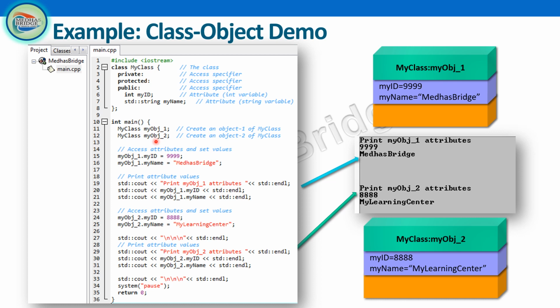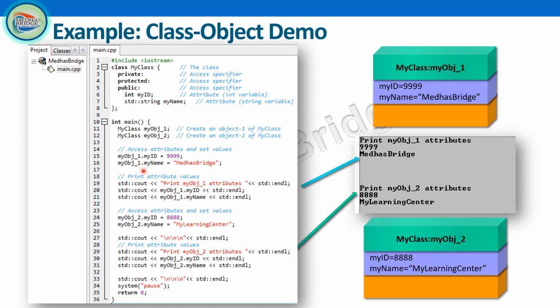We have 2 objects here, object 1 and object 2. This is the time when memory is allocated to that object. Object 1 has a memory, object 2 has a memory, isn't it? At this stage, we have not initialized the state of the object, meaning set the values to the attributes of the class.